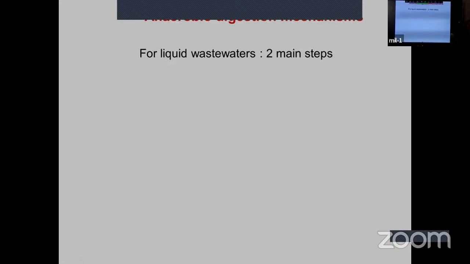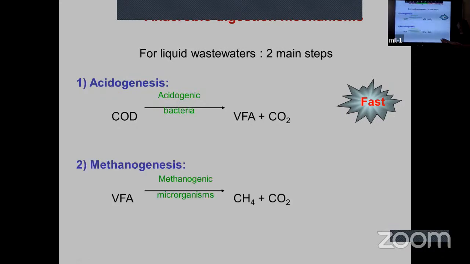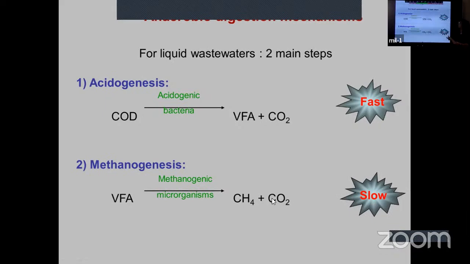So, as a summary, for wastewater, we will have 2 main steps. Because they are liquid effluents, more or less all the components are already soluble. So you start directly with acidogenesis, which will produce the VFA, meaning volatile fatty acids, and CO2. This is a quite fast reaction. And after, you will have methanogenesis, which will convert the VFA into methane and CO2.